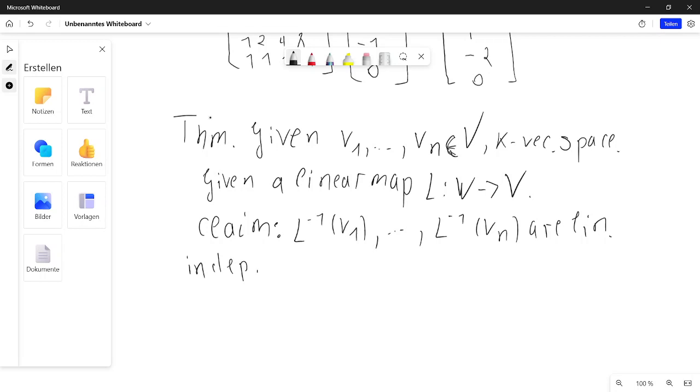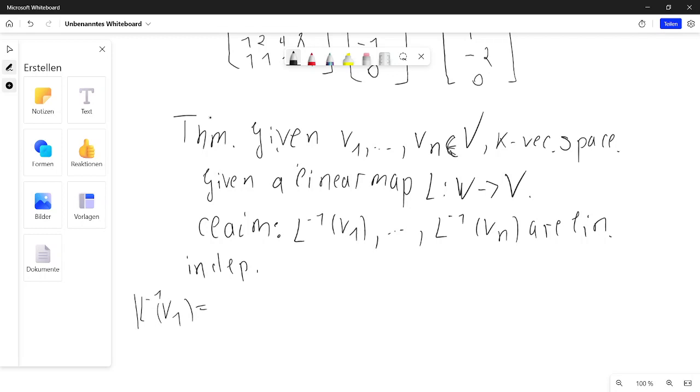oh well, we already have a problem because the pre-images would actually be sets in general. So we have to make them behave properly. Oh wait, I am not sure. Let's keep it like that. What I mean by those, you see, if we have a general linear map, it could be that the pre-image of such v1 is a whole set, right?